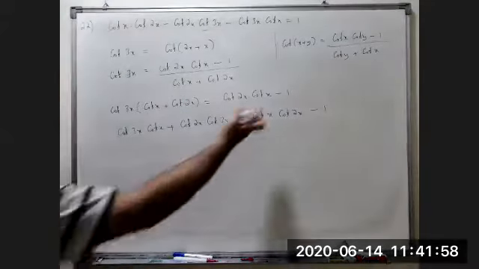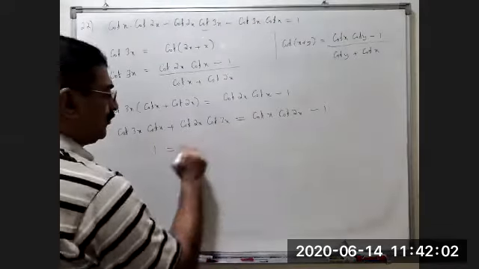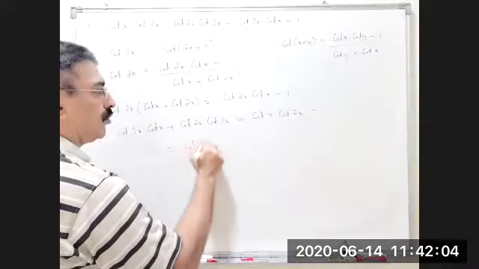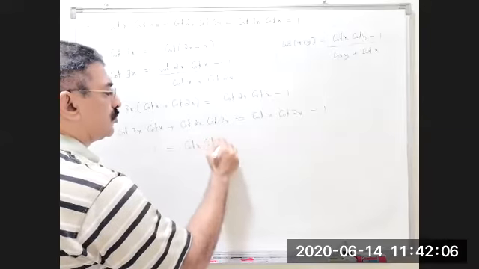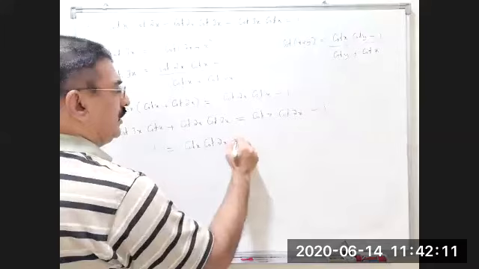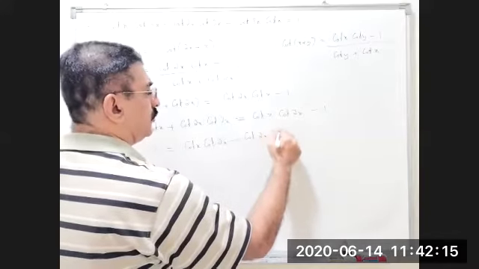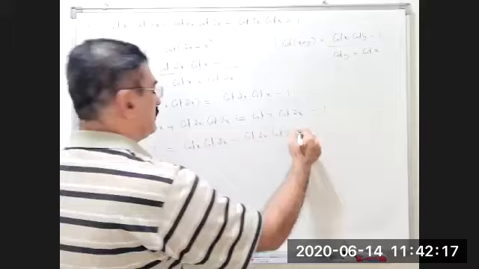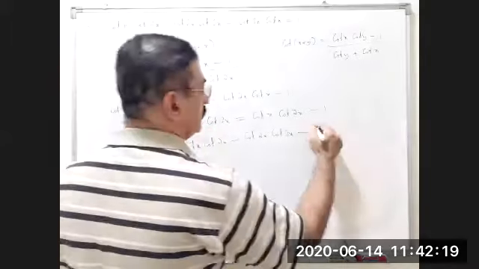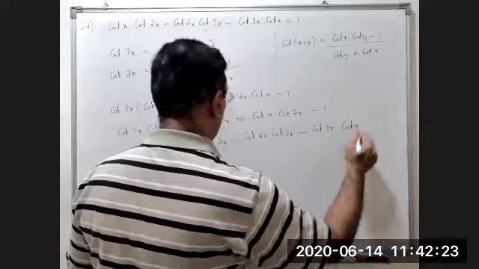Now take this minus 1 to the left hand side: 1 is equal to cot x cot 2x. Take these two terms to the right hand side: minus cot 2x cot 3x minus cot 3x cot x.